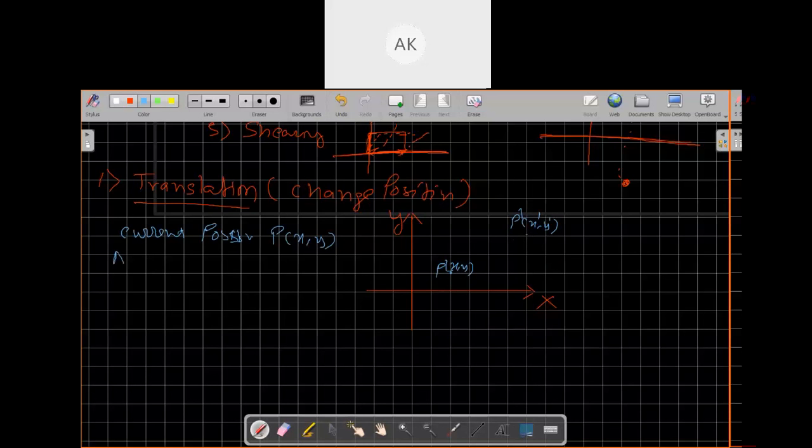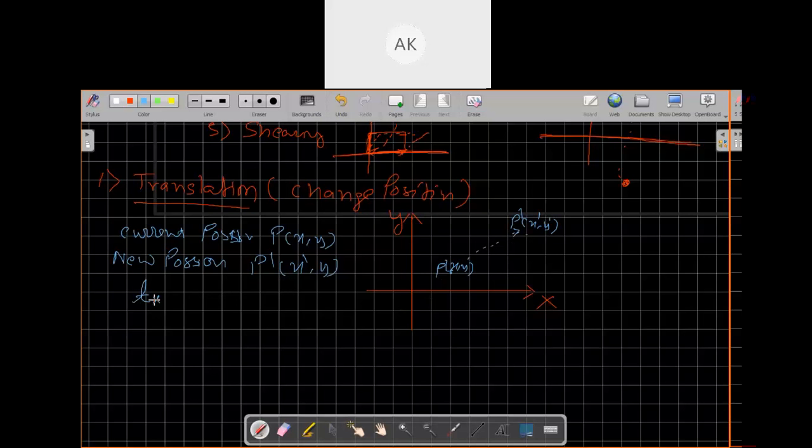Consider P dash, whose coordinates are x dash, y dash.